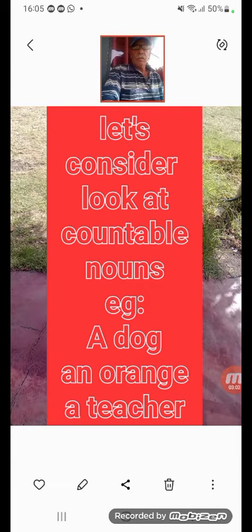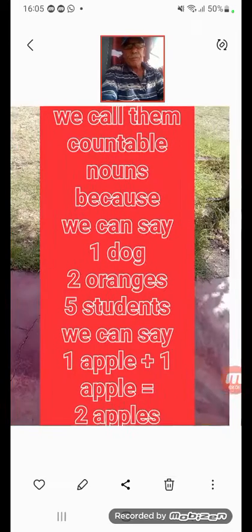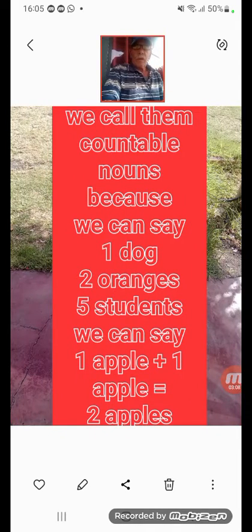So these are countable nouns. Why? We call them countable because we can say one dog, two oranges, five students. We can say, for example, like in mathematics, one apple plus one apple equals two apples. So they are count nouns. It means we can count them.